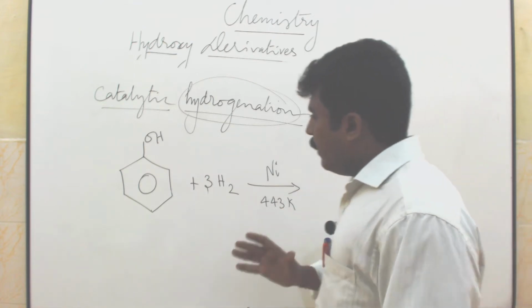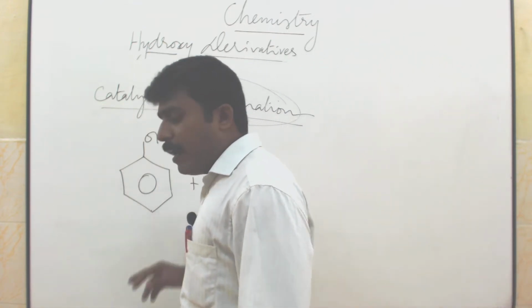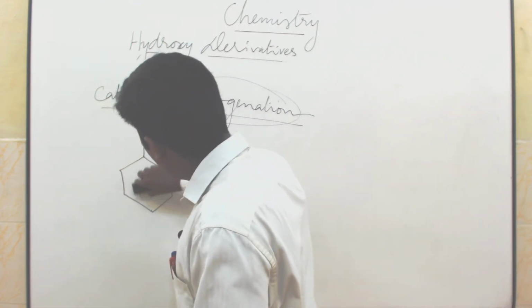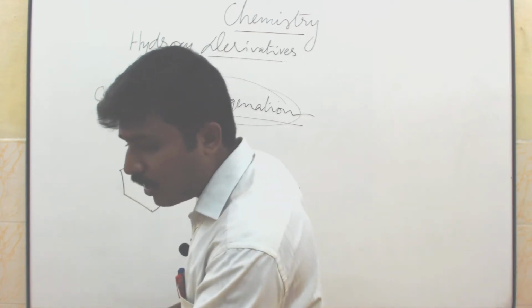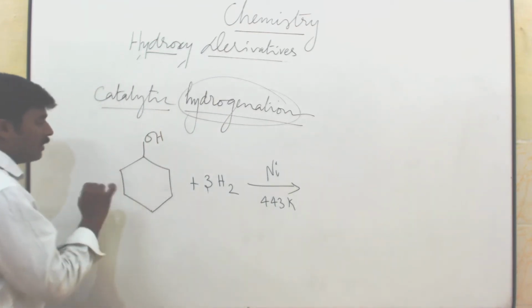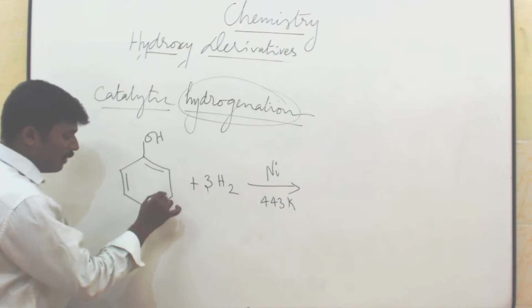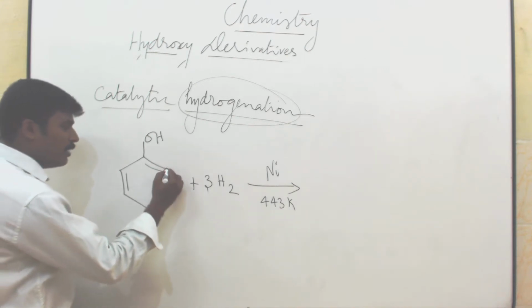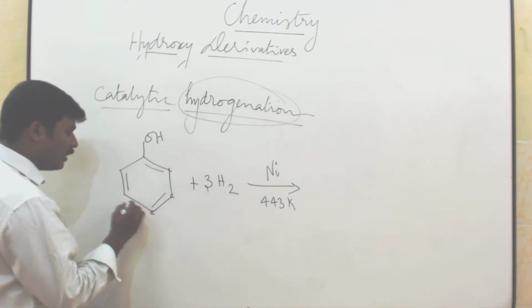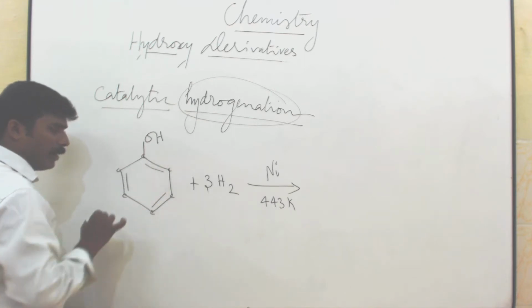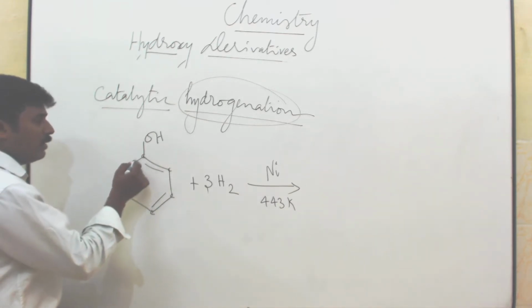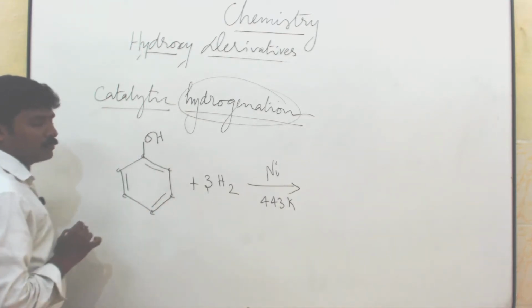Assume that in a benzene ring, each and every carbon atom is bonded with how many hydrogen atoms? Let's assume the benzene ring has alternate double bonds. Just imagine that each and every corner is a carbon. See this carbon 1, 2, 3, 4.